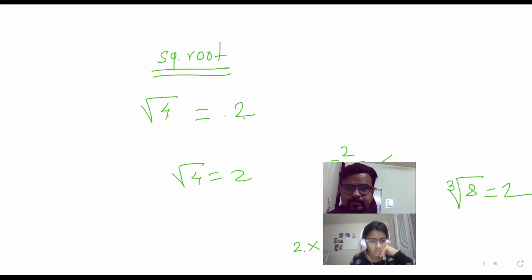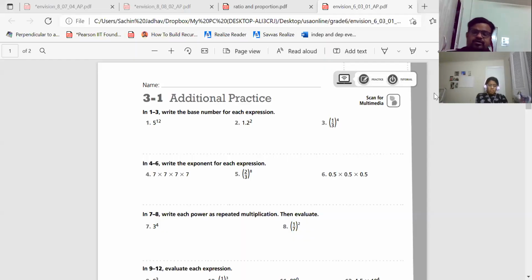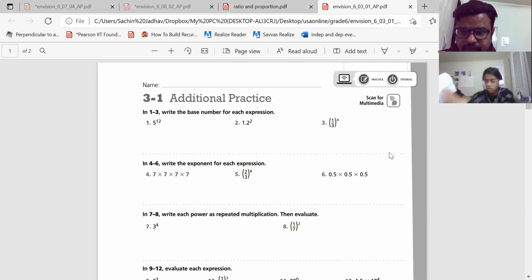Start doing this worksheet now. If you want, you can take the printout of that as well. I will send the PDF to you. My dad's not home, so I can't take the printout. Then do it. You can write the question as well as the answer in the notebook.